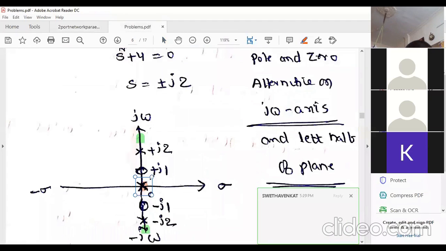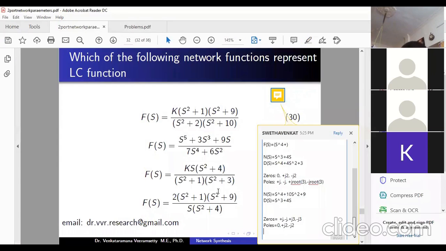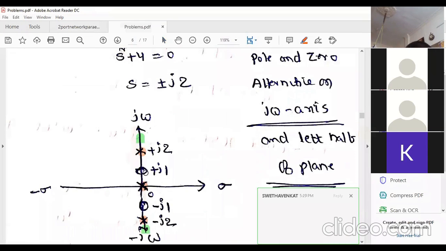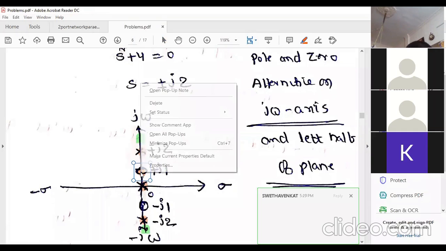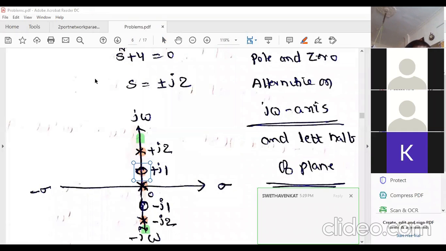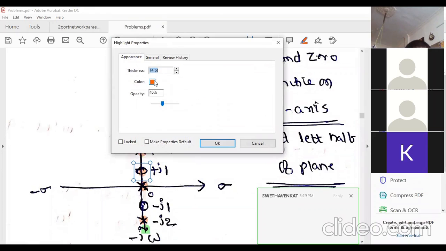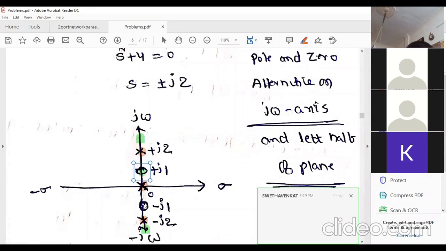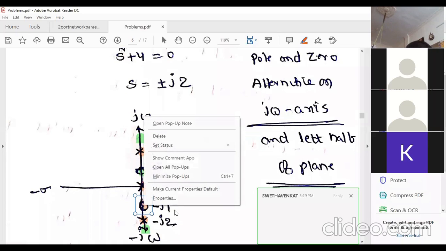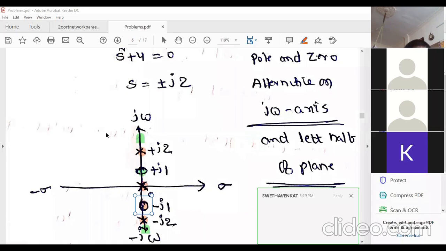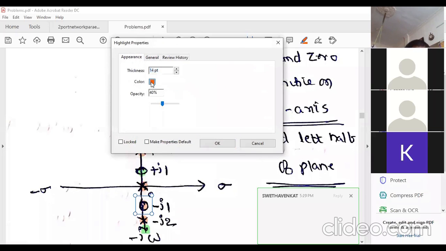Plus j2 means here, one pole, and at minus j2 this is the other pole. And the zeros at plus j1 and minus j1 we mark with green color.